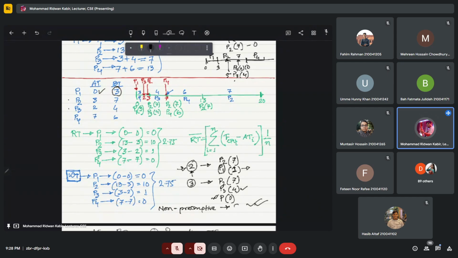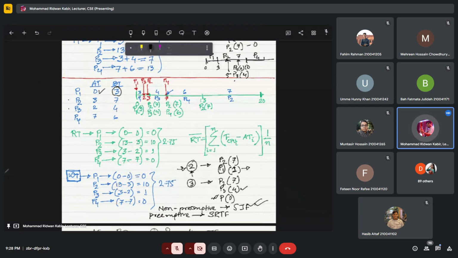version of SJF can simply be termed as SJF, whereas the preemptive version is normally termed as shortest remaining time first. So if I ask you to implement shortest job first, it means non-preemptive.